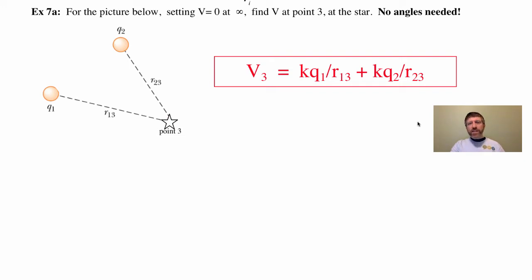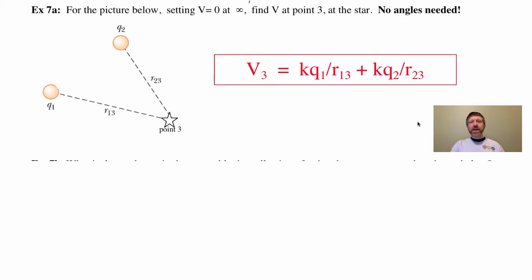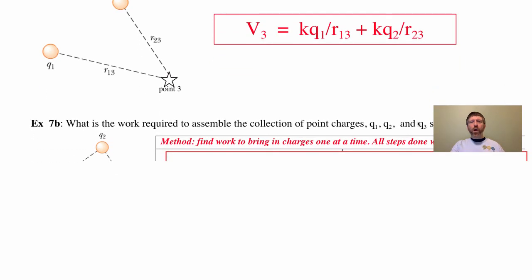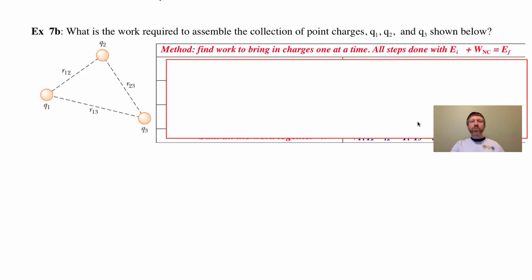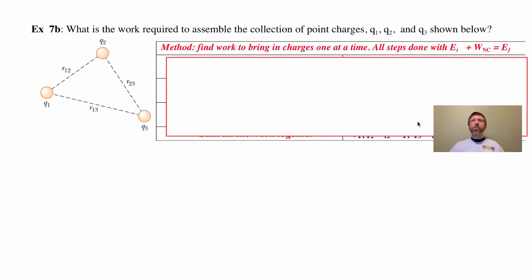So now the next step is: what is the work required to assemble these 3 charges? What's the work required to bring these 3 charges together? And when we say that, we mean where are they going to start?